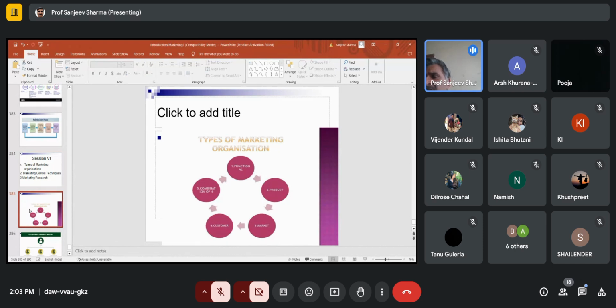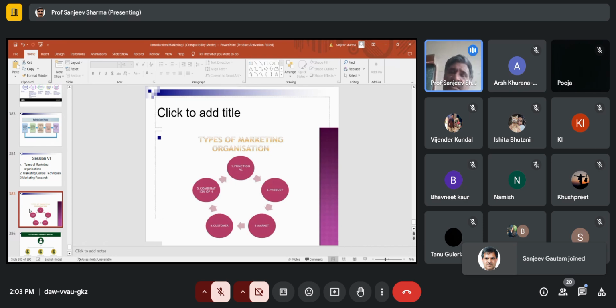What are the different types of organization structures? What are the different types in which marketing is organized? There are three ways in which marketing is organized. One way is geographical structure.